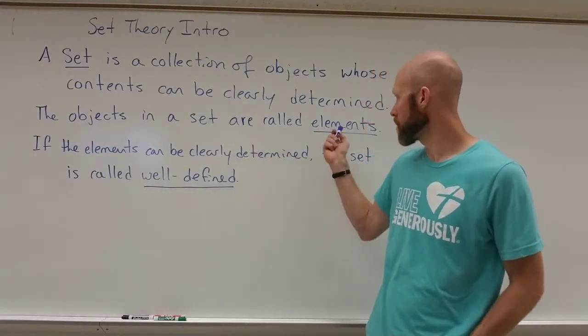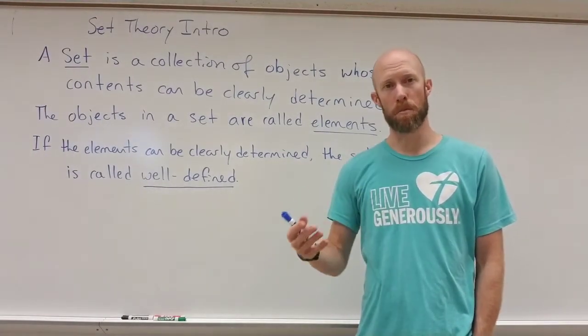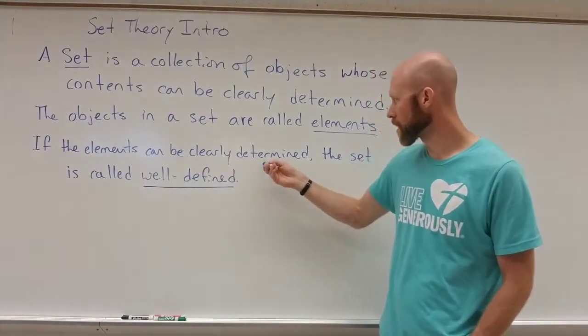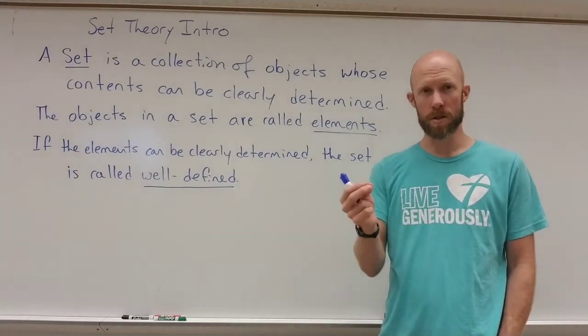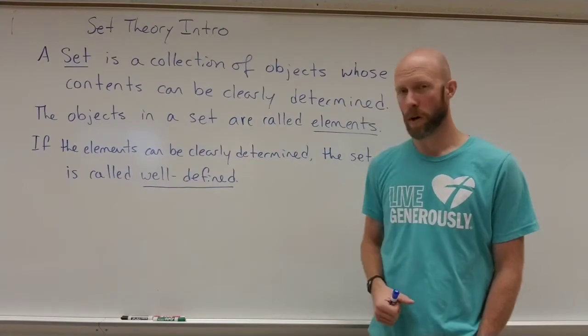The objects in the set are called elements. Okay, so we'll talk about elements being part of a set. And if the elements can be clearly determined, that means they're very well defined and you can determine every single one of them very clearly. The set is called well defined.